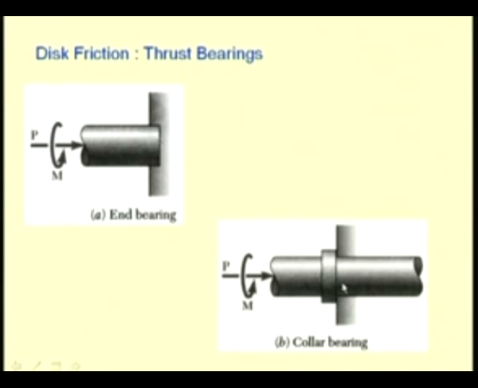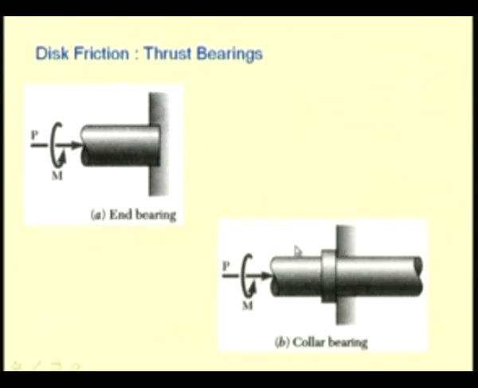Here you see another type of thrust bearing, which is a collar bearing, where it is a through running shaft and we have a collar that supports this axial load P. So, the moment M has to overcome the friction that exists between the collar face and this support face.